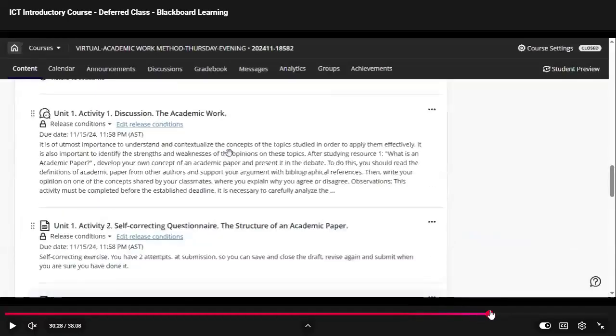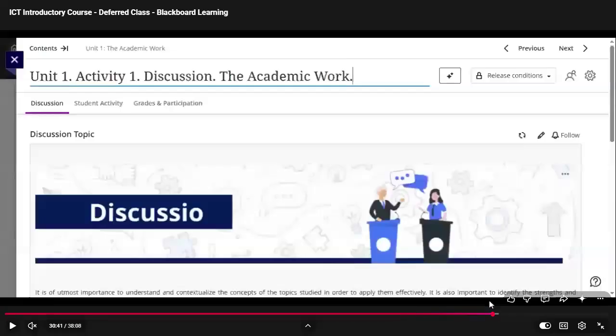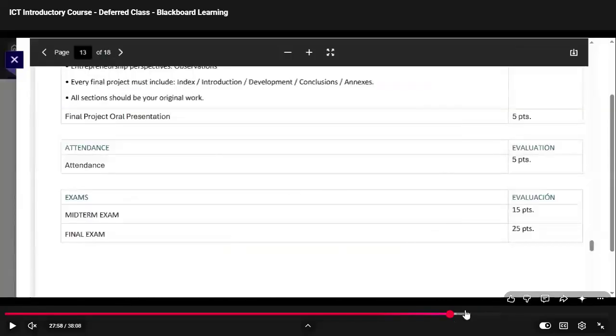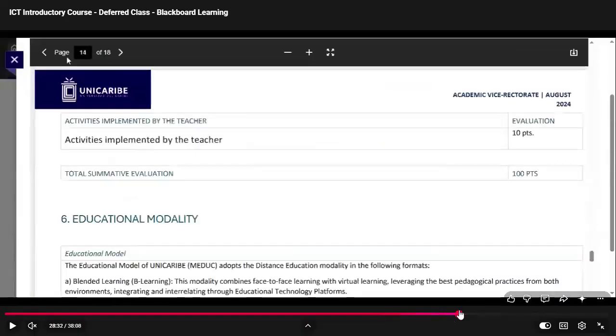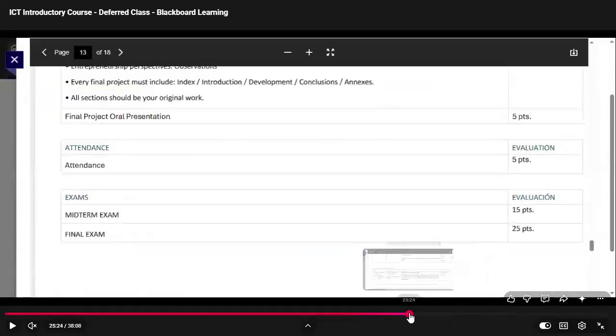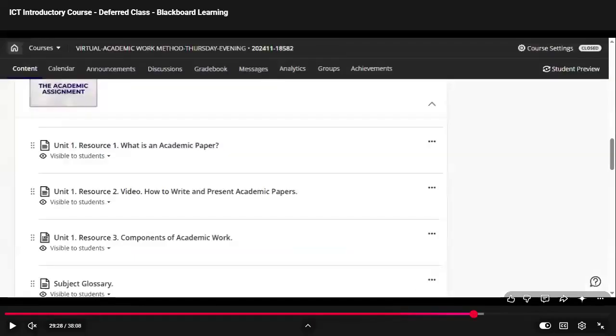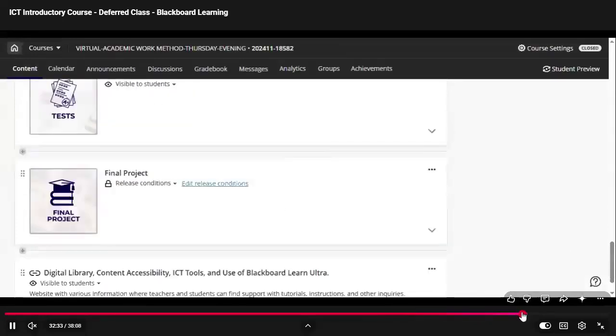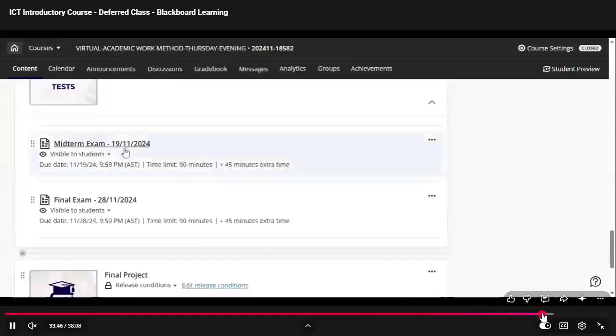So one activity per unit, that's practically nothing. That's nothing. Sometimes you're gonna be seeing, as I told you, one activity, two, three, four, even five. I've seen five activities per unit in some subjects. So one is nothing.